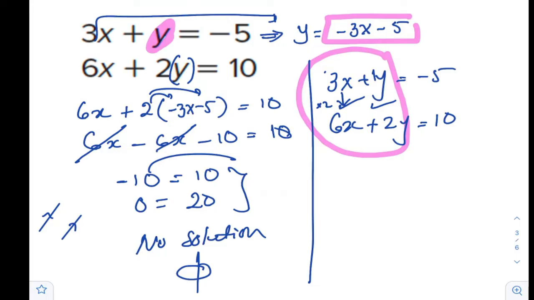This equation 2 is a multiple of equation 1. But if you multiply negative 5 by 2, you are with 10, not negative 10. So this is false compared to the other side. And that means this side will not equal this side. And that means there is no solution. So you can know that mentally, no solution.